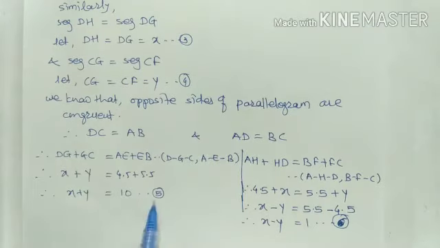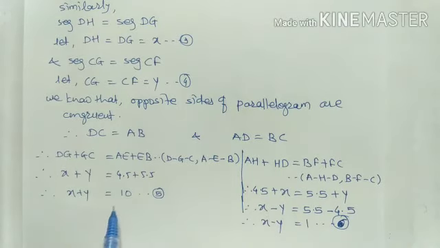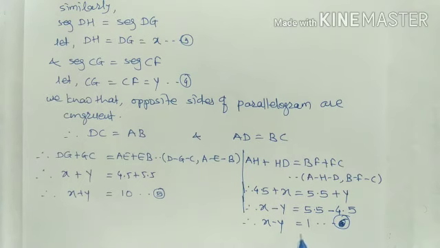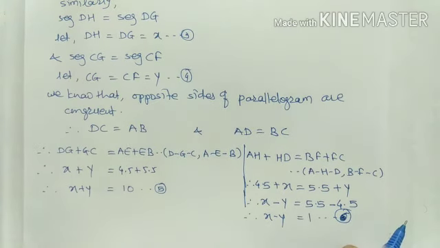Now by solving these two equations, here x plus y equals 10 and x minus y equals 1, we got linear equations in two variables. Then by adding these two equations we can easily eliminate y.